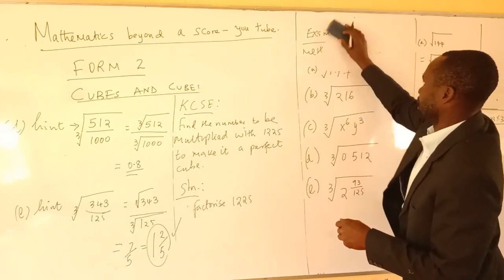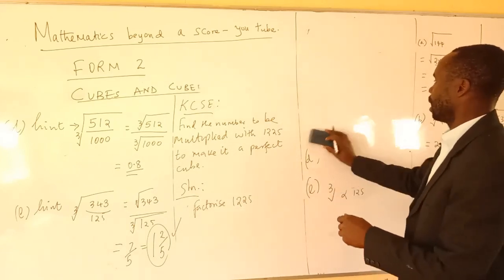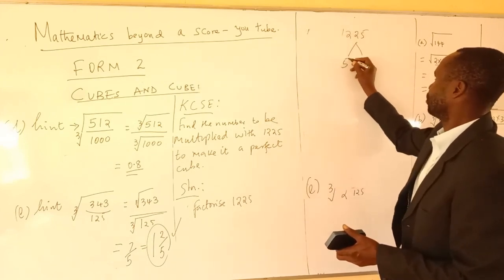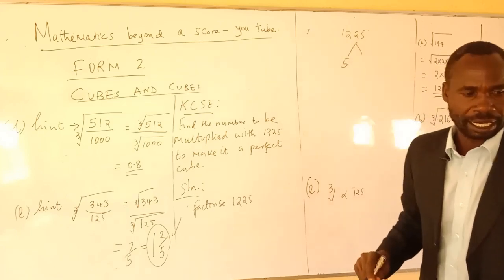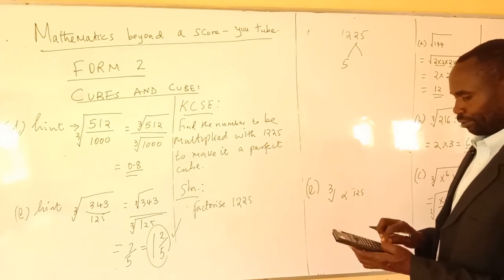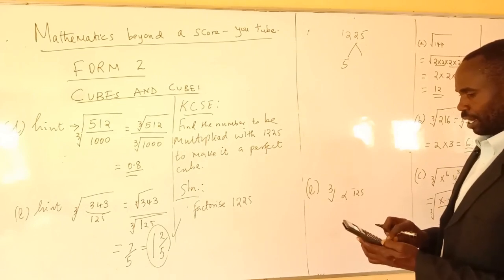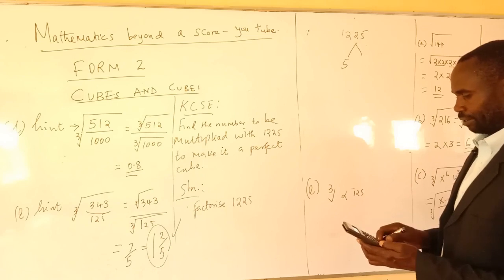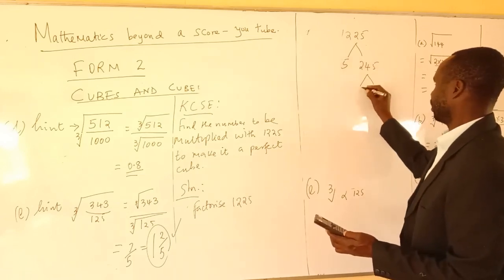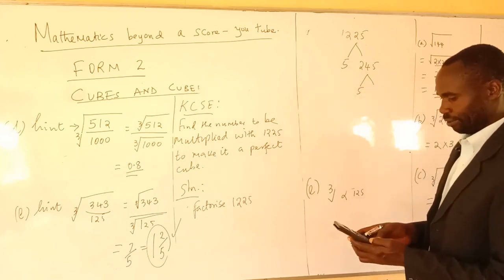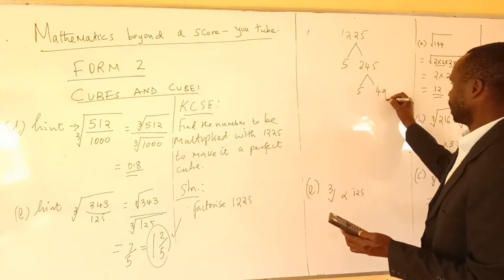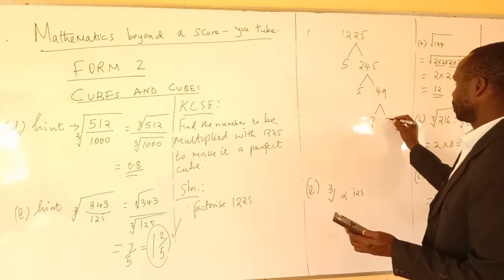Let me factorize it here, using my calculator. 1225 divided by 5 is 245. 245 divided by 5 is 49. So this is 7 and this is 7.